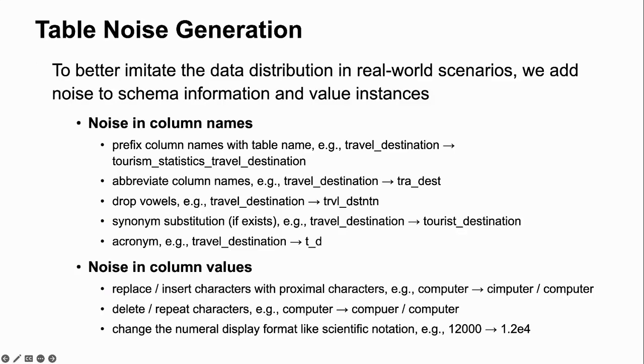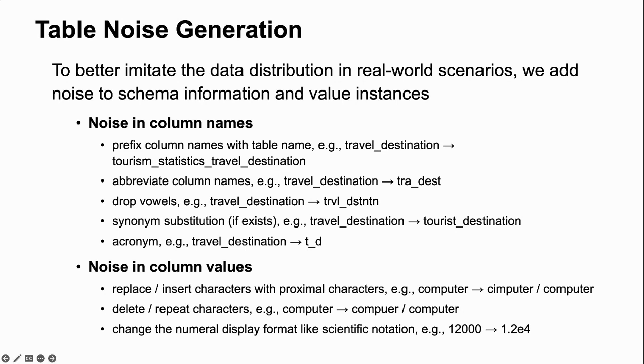The goal here is to better imitate the data distribution in the real world by introducing noise to both table schema and value instances. Here are some examples of the noise to column names. We can randomly drop prefixes or abbreviate the column names. We also use synonym substitutions or acronyms in column names.